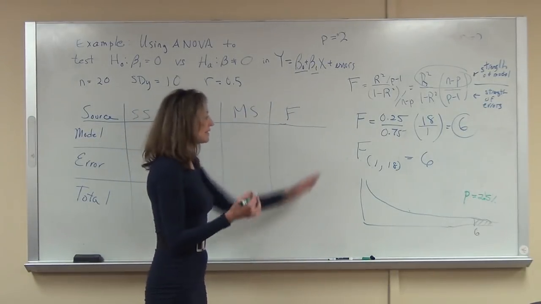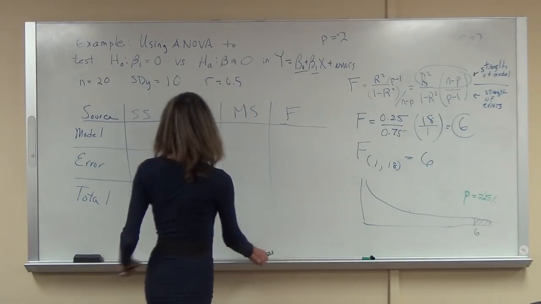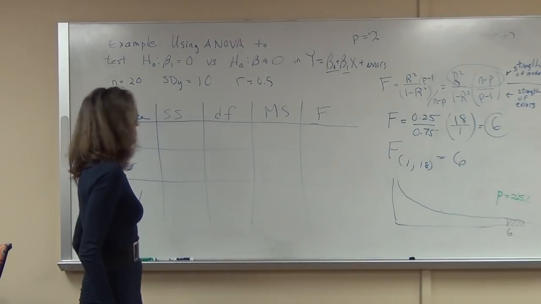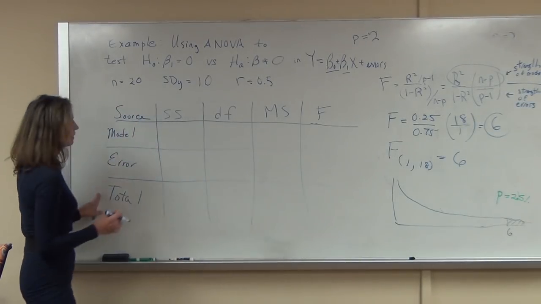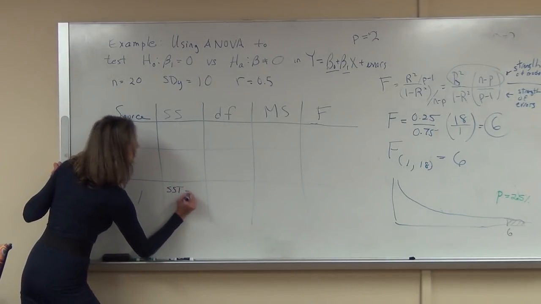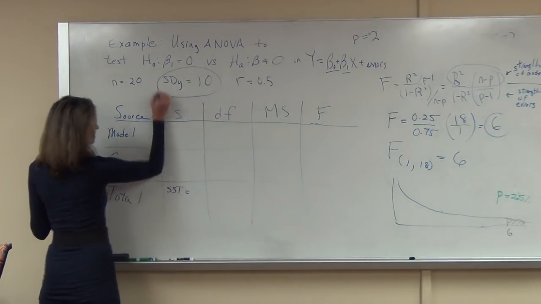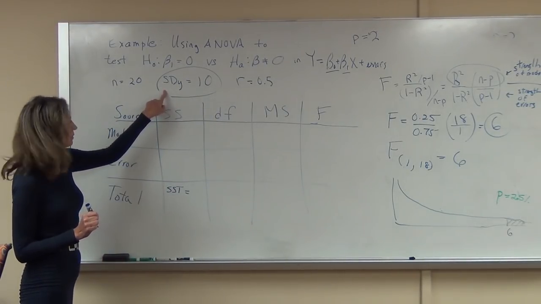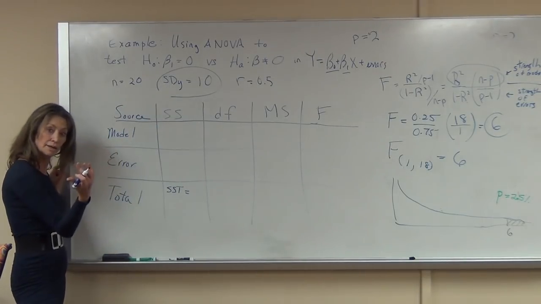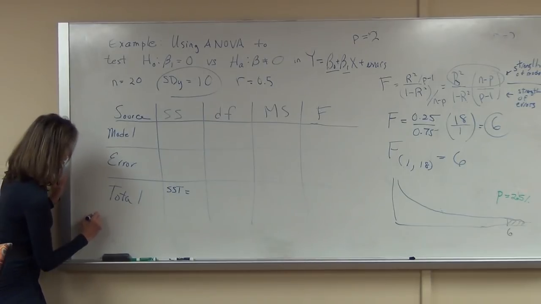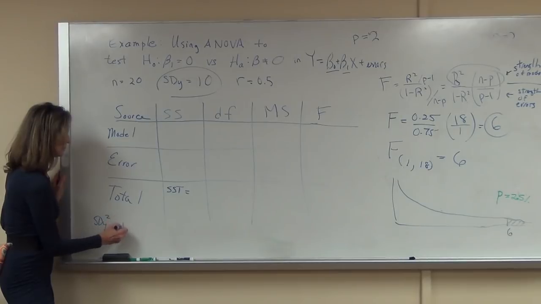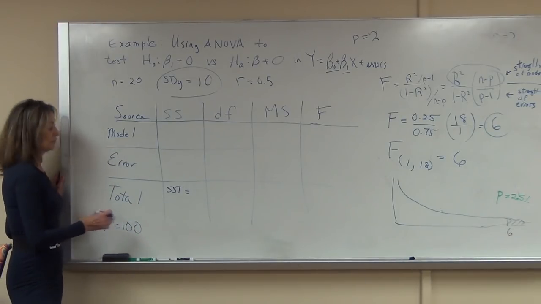Okay? So now, you're probably wondering how this all matches up with this ANOVA. First of all, our sum of squares total, that's SST. We can get that from this. Remember that that's the standard deviation. So if we square it, SDY squared, which is the variance, is going to be 100, right?